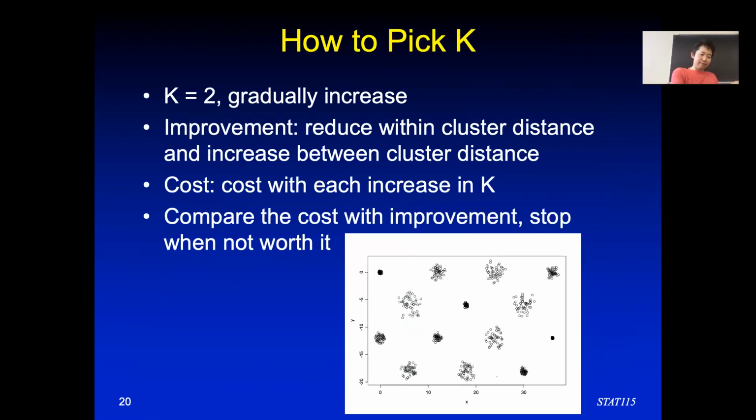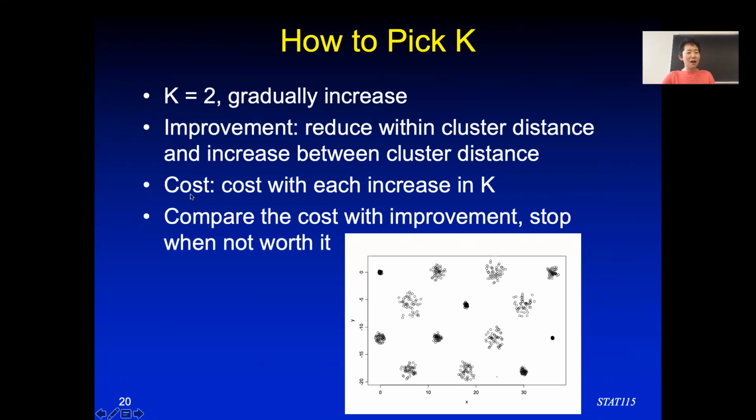Let's try to cut them into more clusters. Every time you add one to the k, you can reduce the within cluster distance, and you can also increase the between cluster distance. Therefore, the ideal case is k equals the number of genes in the array, but that's not ideal.